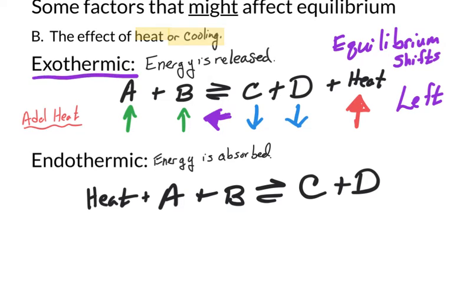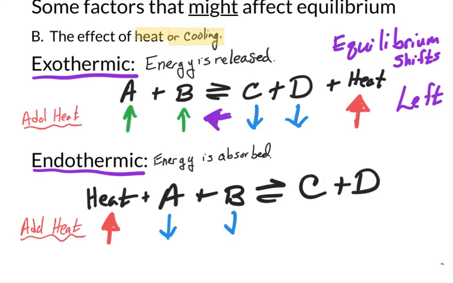And what happens in an endothermic reaction? In this case, the heat is a reactant to the reaction, and so we're going to see an increase in the heat. By increasing the temperature of the reaction, we'll decrease A and B and increase C and D, meaning that the reaction is producing more product and has shifted to the right.